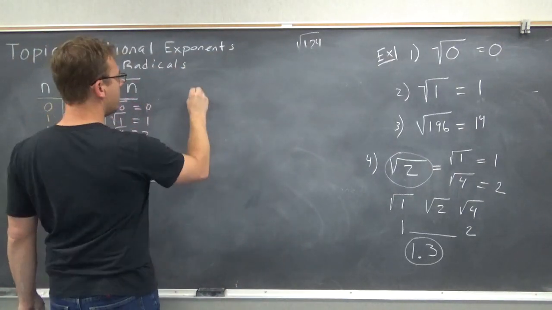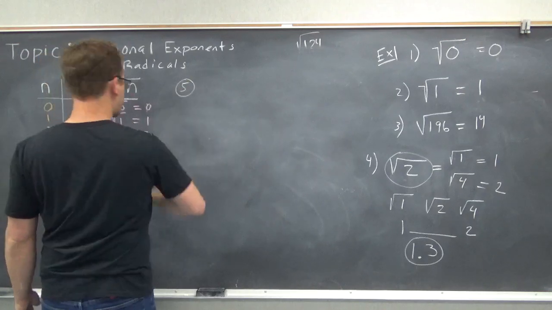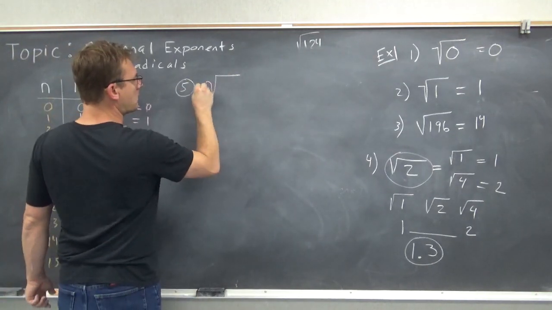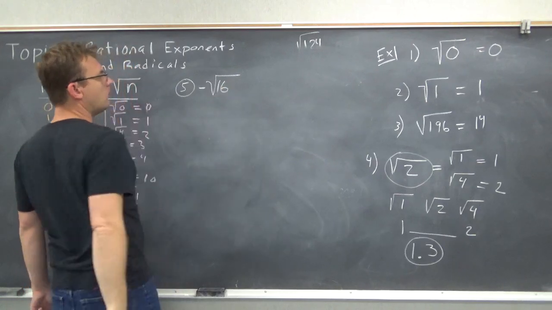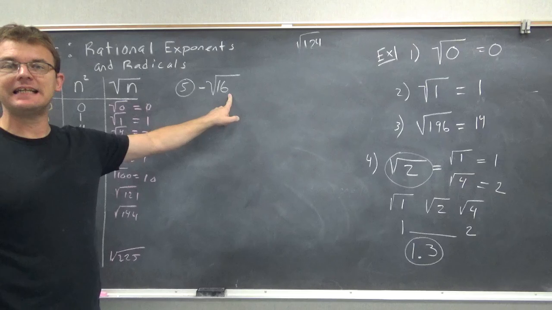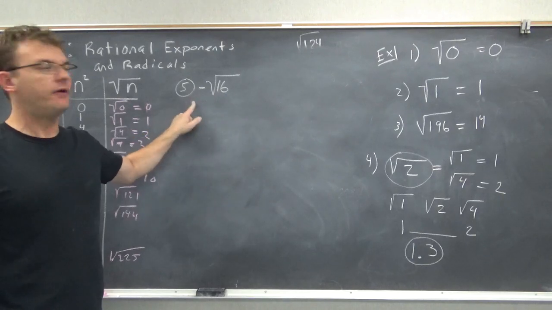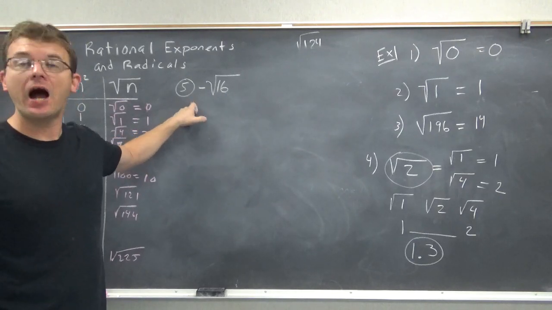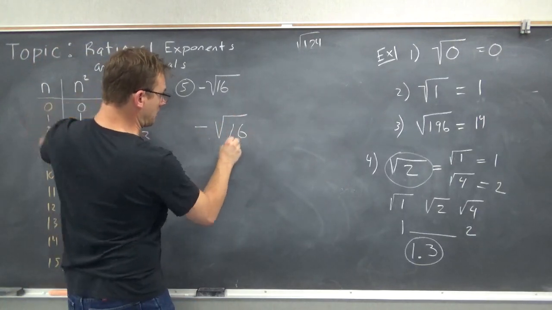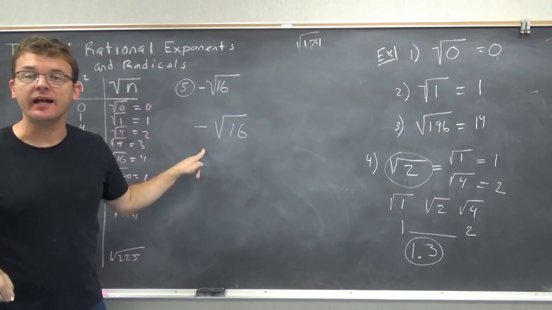Number 5. What's this? Oh, wait a second. Negative square root of 16. We never saw a negative on the outside.